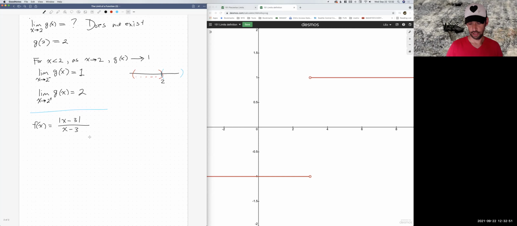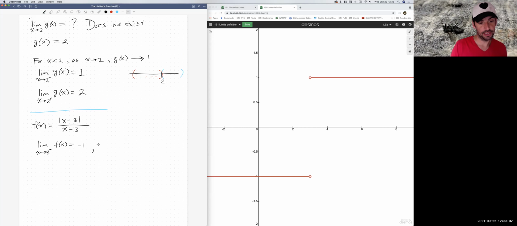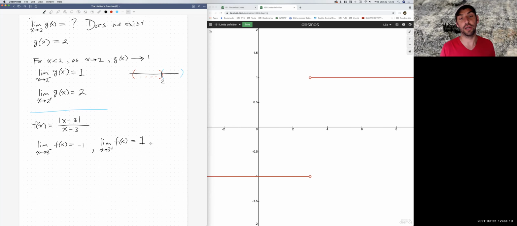However, we can take the limit as x approaches 3 from below, and that's going to be equal to -1, and the limit as x approaches 3 from above of f of x is going to be equal to 1, right?